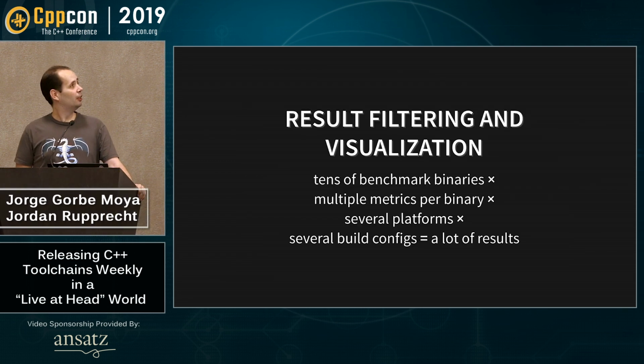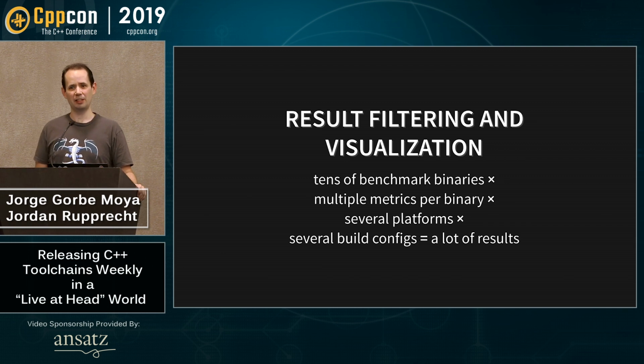And finally, when you have a lot of benchmarks, it pays off to invest in visualization tools and filtering tools and reporting tools. Because, for example, we have tens of benchmark binaries. Every binary reports multiple metrics, like here. We also build them for several platforms, different microarchitectures and such, and several build configurations.